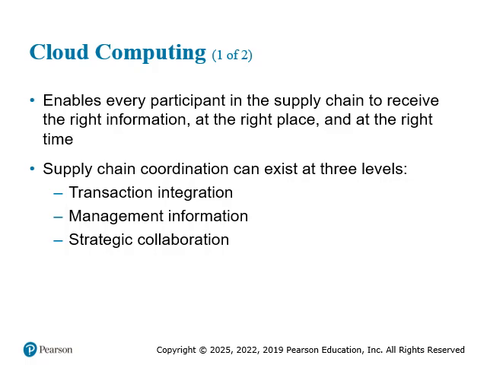One is transaction integration. So everybody's using the cloud and that's the same transaction. There aren't 3 or 20 different records of the transaction. Management information is the same. So there may be coordination of the management information and there may be the ability to collaborate strategically as a result of the sharing of management information.